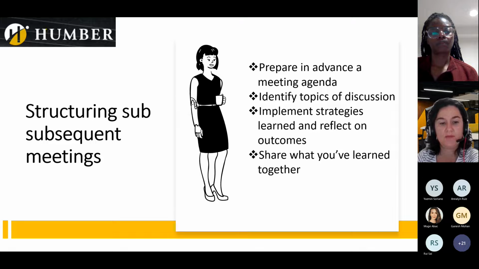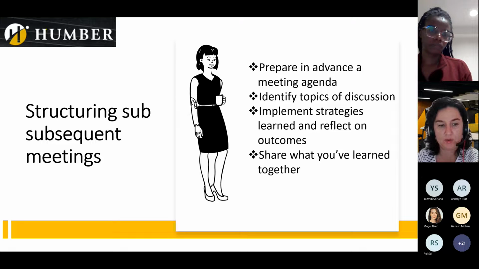So always find the time to reflect on the implementation of the information and the resources that you receive from your mentor.